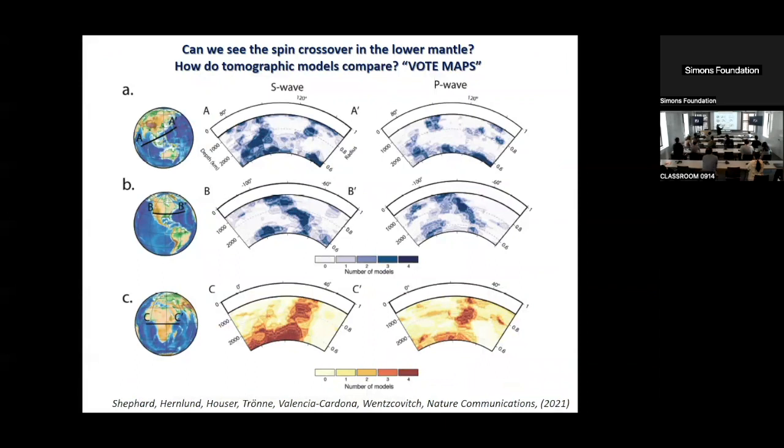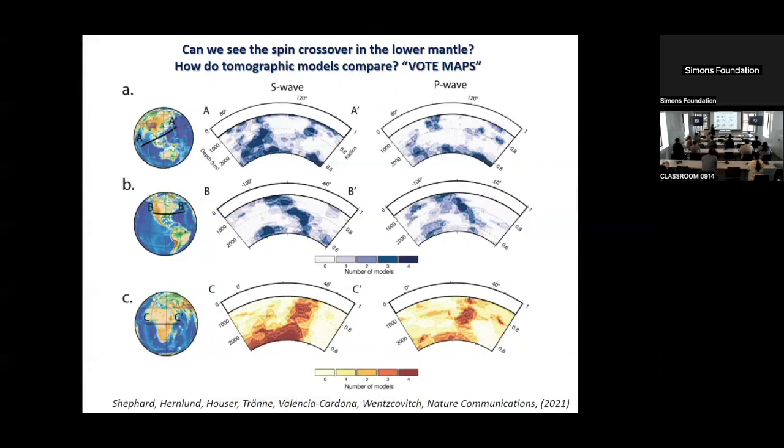In the P wave models, you see the image fades. This has to do with smaller heterogeneities or disagreement between the maps. If the velocity heterogeneities are very small, the models disagree more. But this is consistent with the kind of expectation we have for the effect of the spin transition. And this is not one model, these are 4 S models and 4 P models.